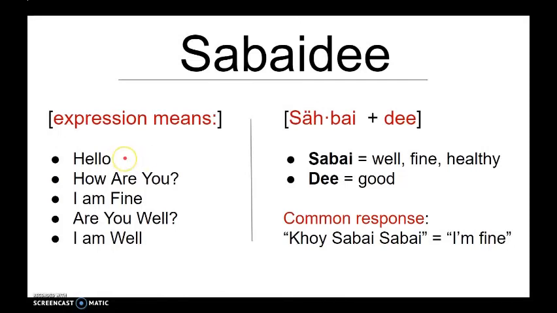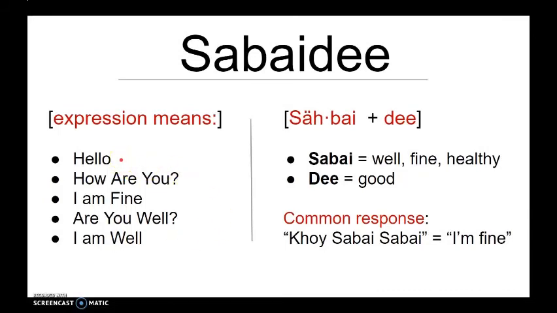If you said Sabaidee, then the next person that you're talking to might say Sabaidee. All right? If you say Sabaidee ball, then they may say Sabaidee. Okay? Ball meaning yes, right?